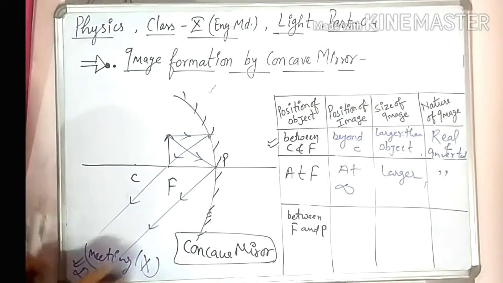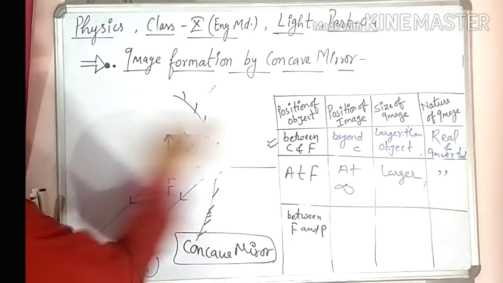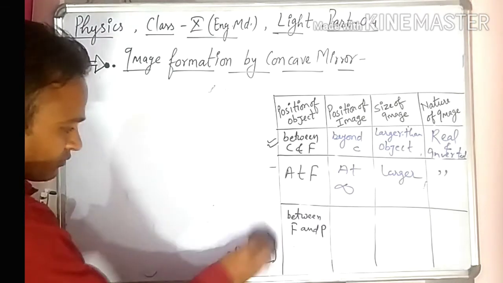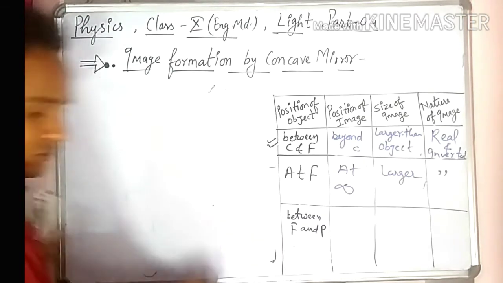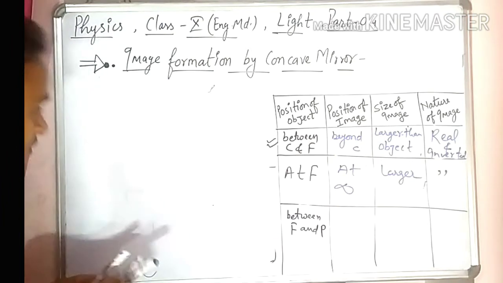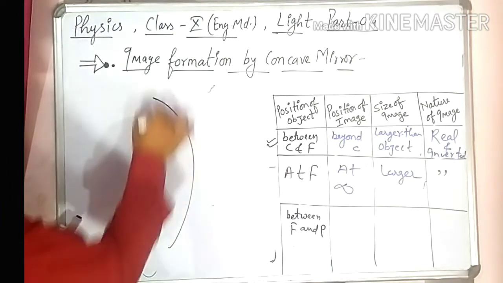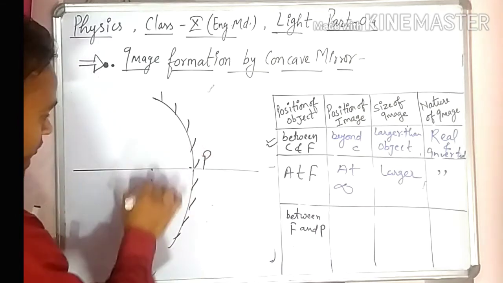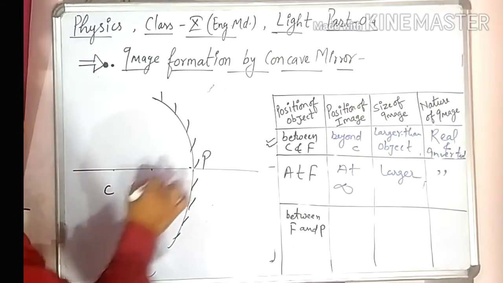Now, take the position of the object between F and P. There are six positions in a ray diagram for a concave mirror, but three for a convex mirror. Now it is a concave mirror: pole, focus, center of curvature.